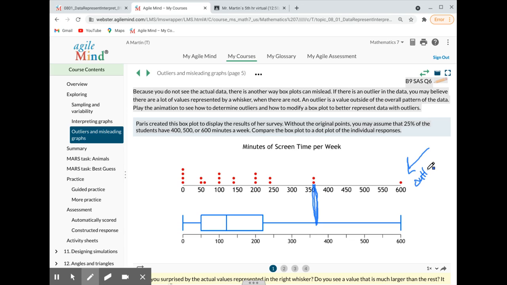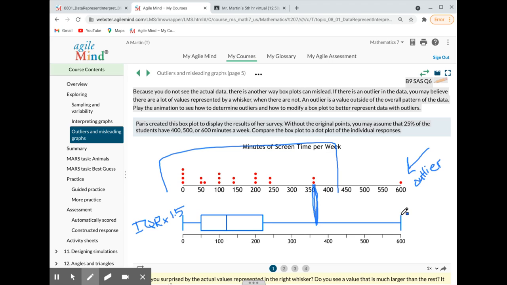And so what we're going to do is learn how to do a modified box plot so that our data consists mainly of our cluster, and then we'll actually mark that outlier as 600. Now, we don't know if it's an outlier until we do something. What we do is take our interquartile range and multiply it by 1.5, and then add that to our upper quartile.